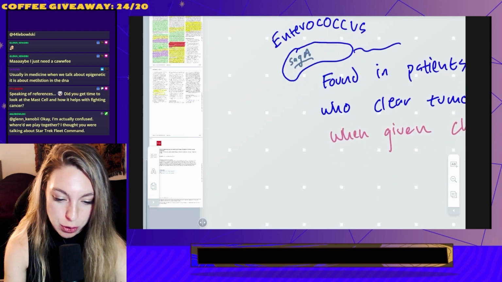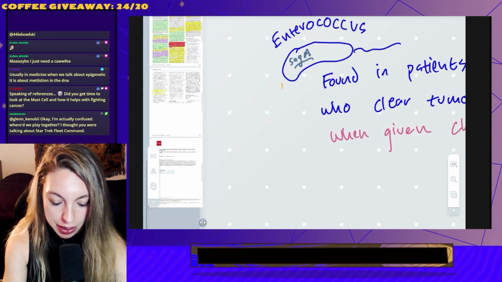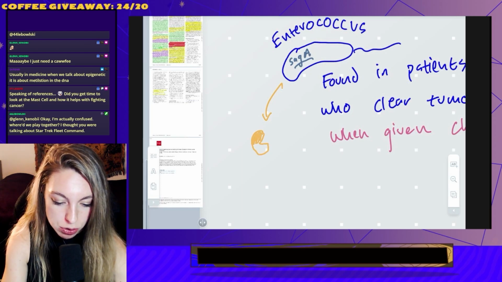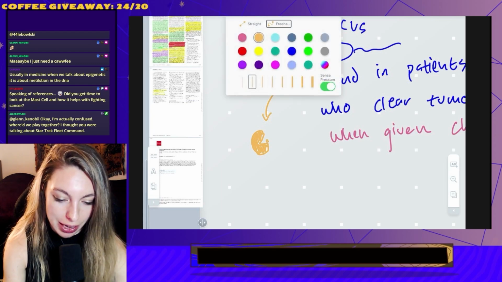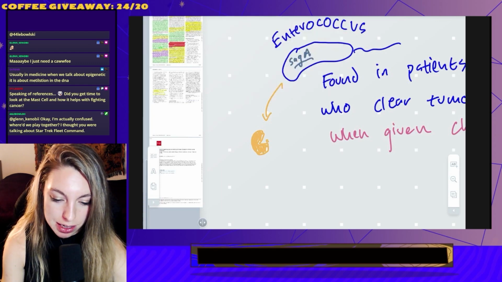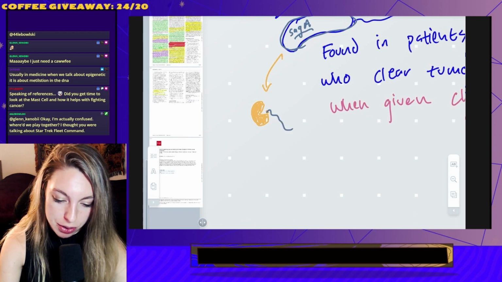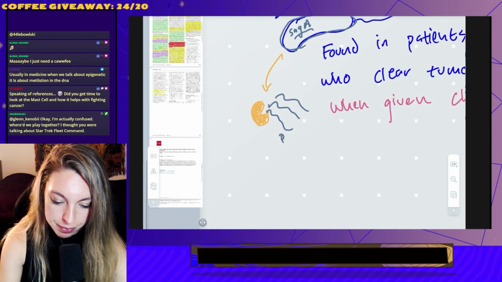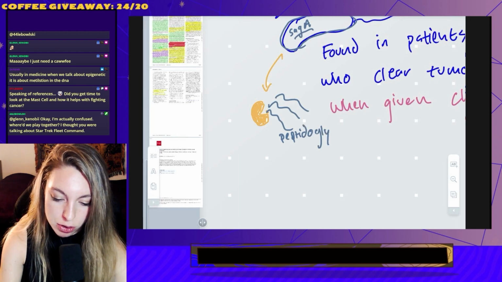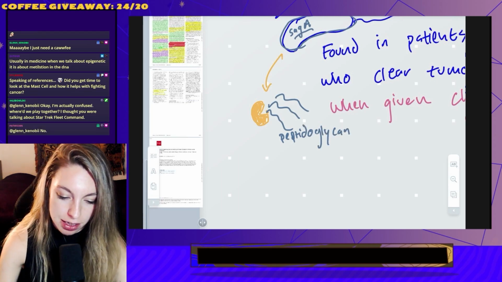SagA is a hydrolase. So as a protein, it's like this little Pac-Man hydrolase. It cleaves the bonds that hold together peptidoglycan. And peptidoglycan is what makes the cell wall on enterococci, but also other bacteria. It's just like this sugar carbohydrate matrix.